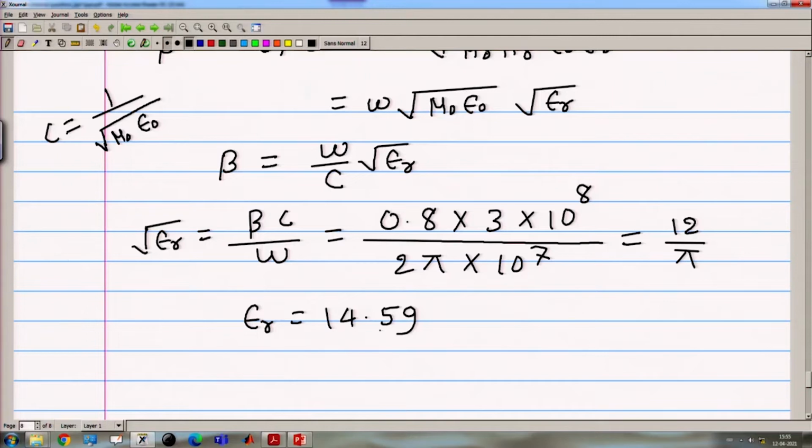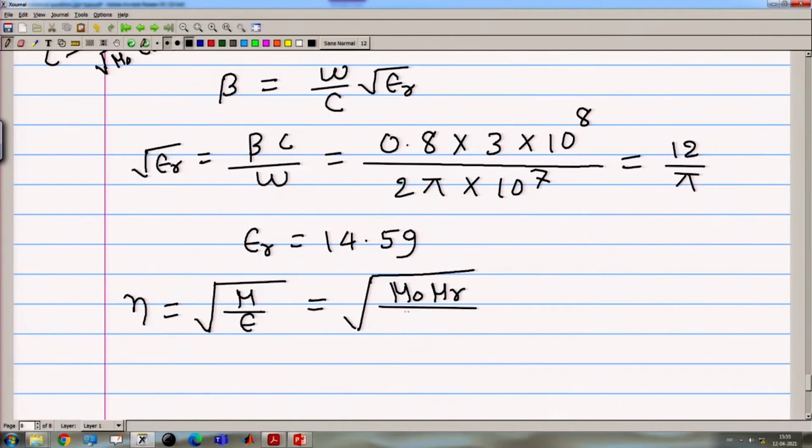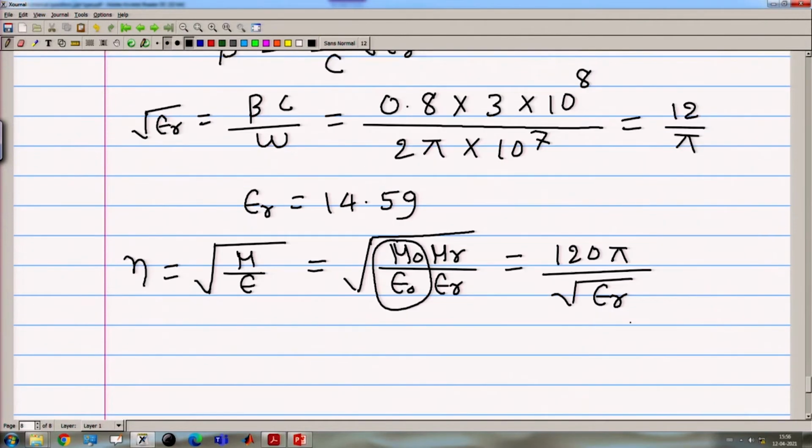After getting the epsilon r, we can find out eta, that is wave impedance, that is defined as square root of mu upon epsilon. Mu can be written as mu naught mu r divided with epsilon naught epsilon r, and the value for this will be 120 pi divided with square root of epsilon r, that is 12 by pi.